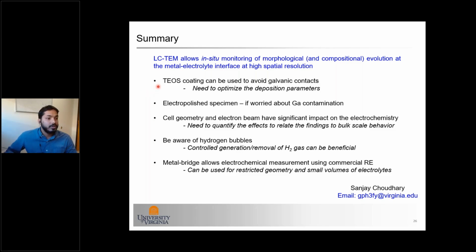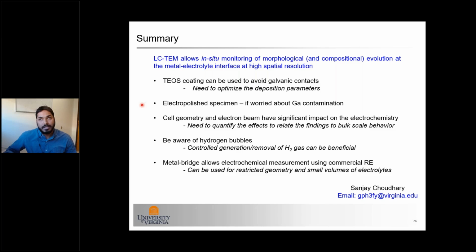And then also, the use of TEOS is limited to specific electrolytes, because it is silicon oxide, which might not be stable in alkaline pH. So I'm sure there are other coating options to solve that issue. Worried about gallium contamination, of course, electropolished specimens are the way, but again, we need more work to see the effect of gallium.